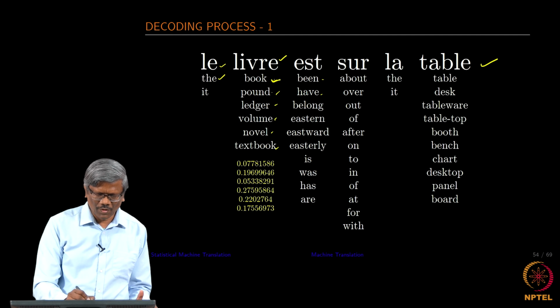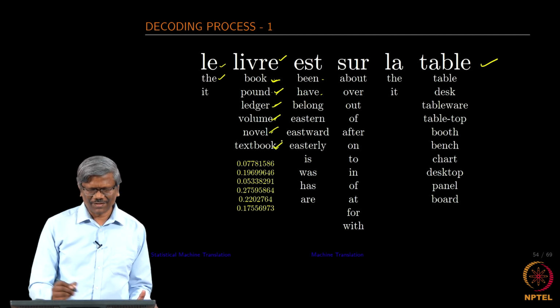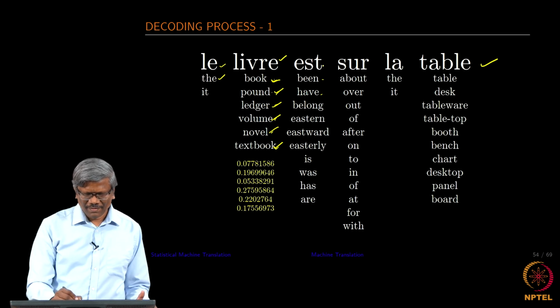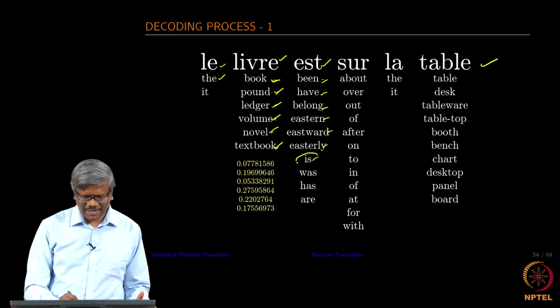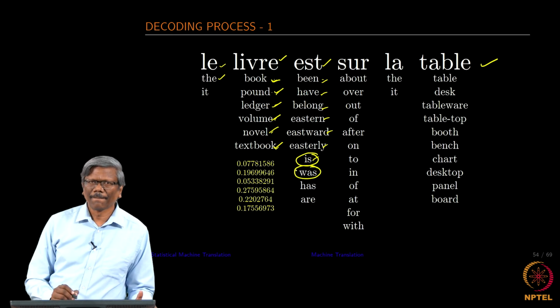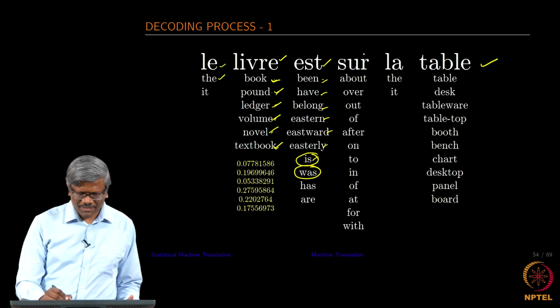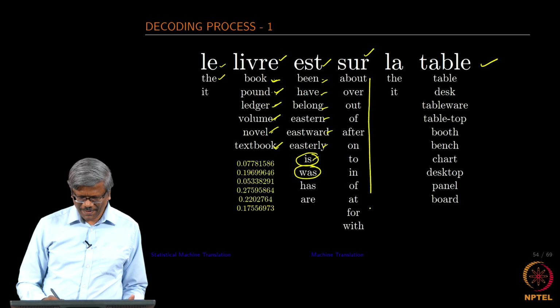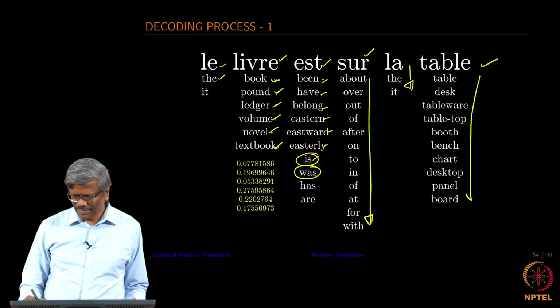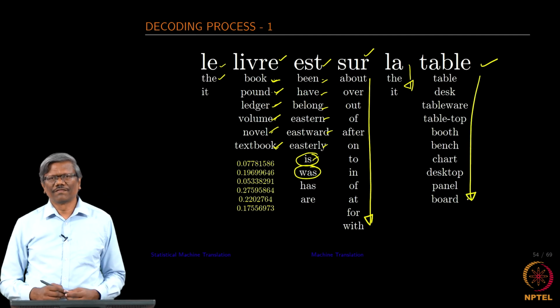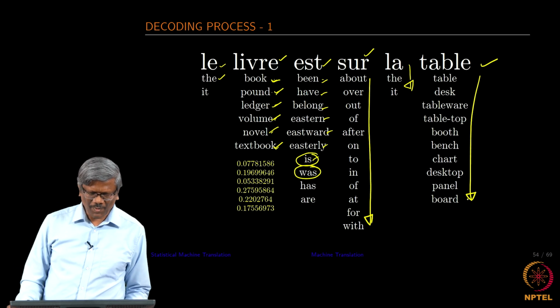Okay. So, we have book, pound, ledger, volume, novel, textbook, and then for this you have variations, right. Most of the time this or this would be aligned here, and then for this word we have so many English equivalents again here, and then for table again there are several translations possible.